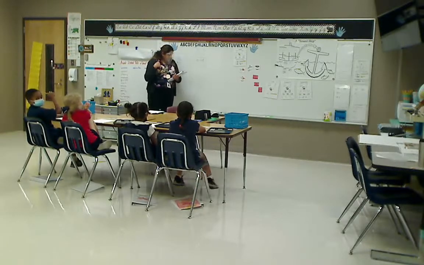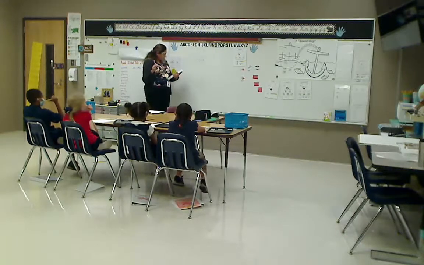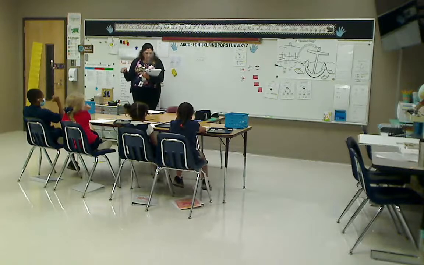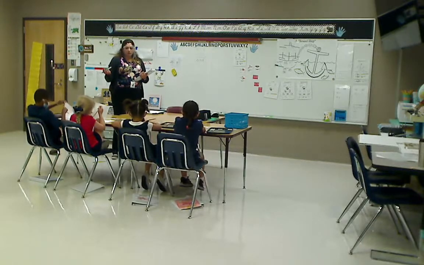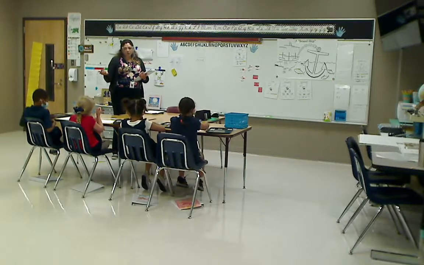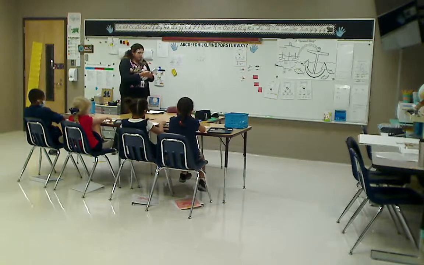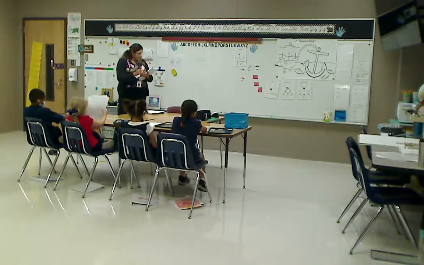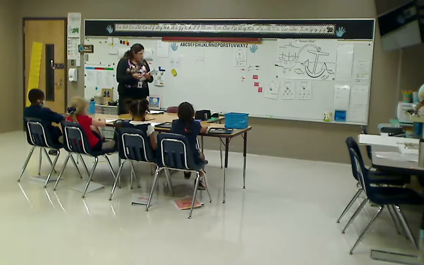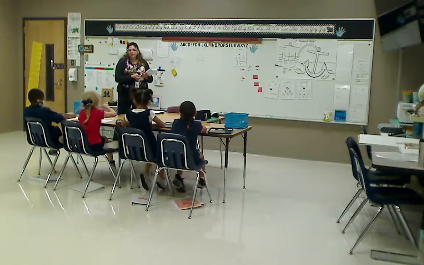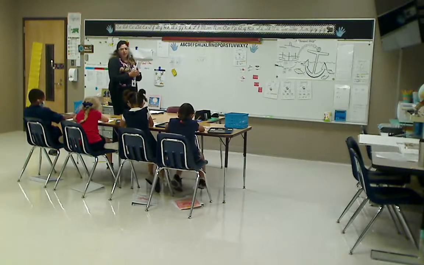Okay, I'm gonna give you a phrase, and you are going to name and spell. So turn your paper over, and you are going to write it on your first line. Ready? Tap and pat. Tap and pat.